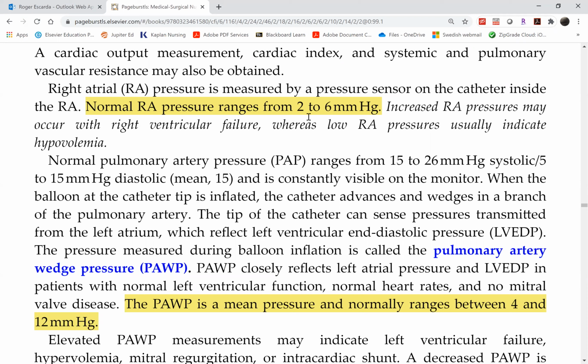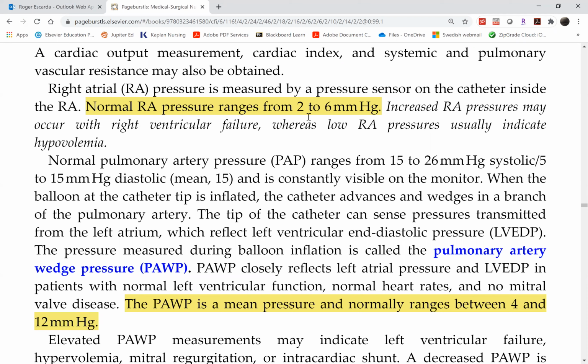Whereas the left side heart pressure, this is your normal range between 4 and 12. Again, if it's elevated, that means blood is not moving in and out of the left side. So the numbers would of course be higher than 12. And just like our RAP, if your patient is volume depleted or dehydrated, the left side heart pressure will also be low. Here are the examples, so please read that.